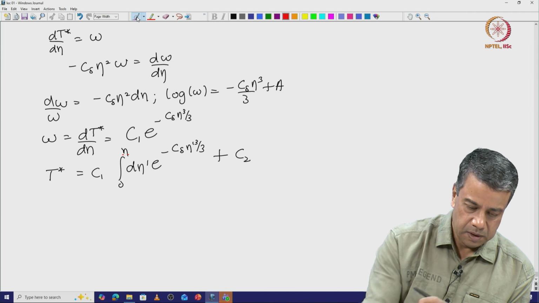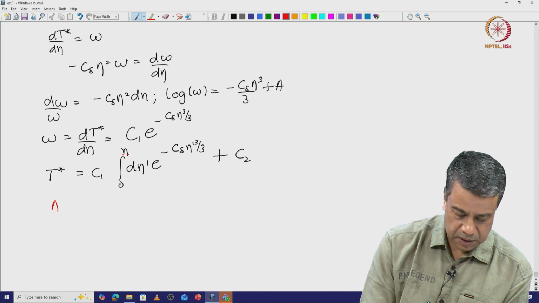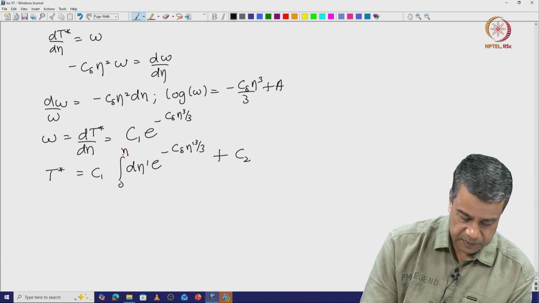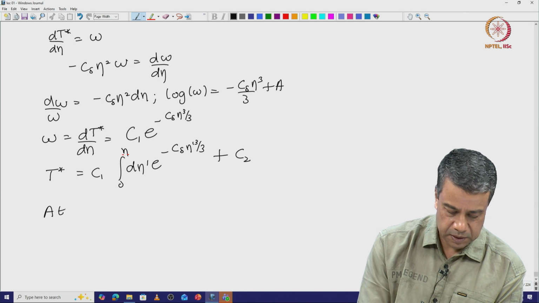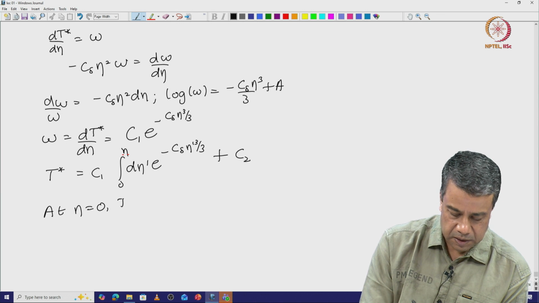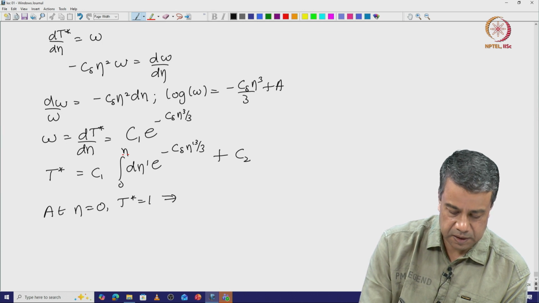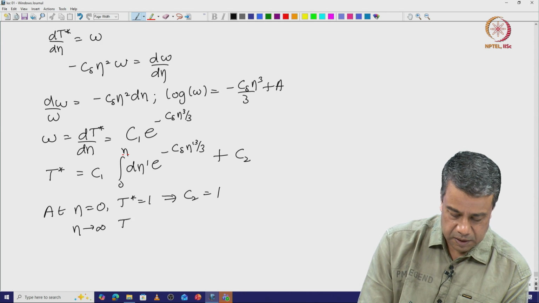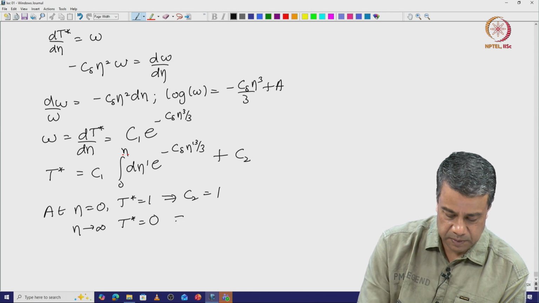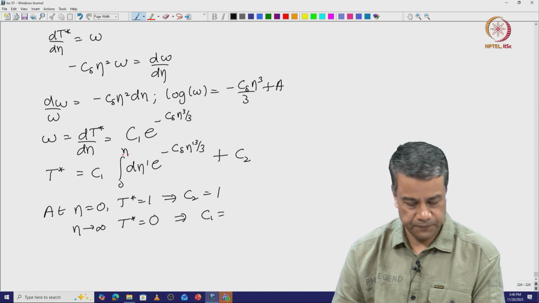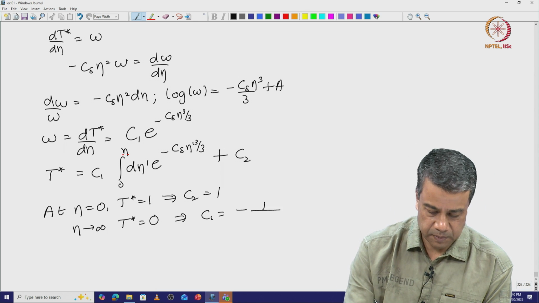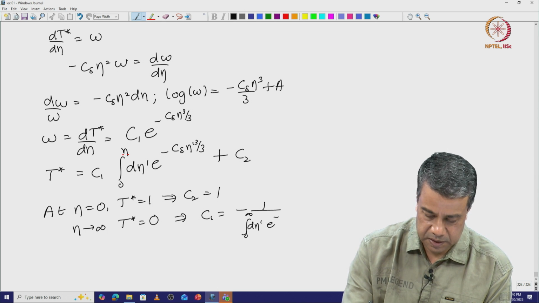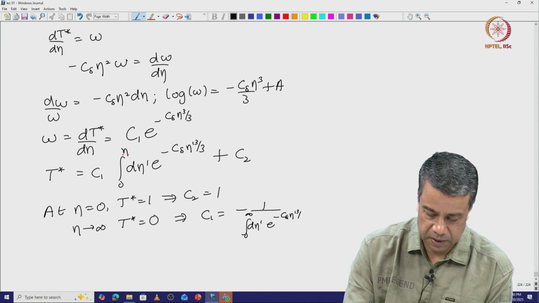Boundary condition: at eta is equal to 0, T star is equal to 1 implies that c2 equals 1. Eta going to infinity, T star is equal to 0 implies that c1 is equal to minus 1 by integral 0 to infinity d eta prime e power minus c delta eta prime cubed by 3.